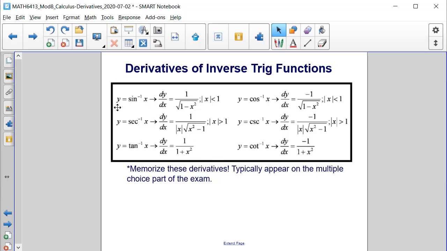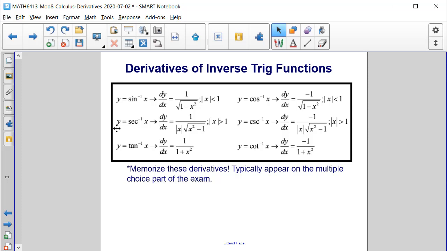So we have, if y is equal to the inverse sine of x, then the derivative of y with respect to x, or the derivative with respect to x of the inverse sine of x, is equal to 1 over the square root of 1 minus x squared, and that's when the absolute value of x is less than 1.